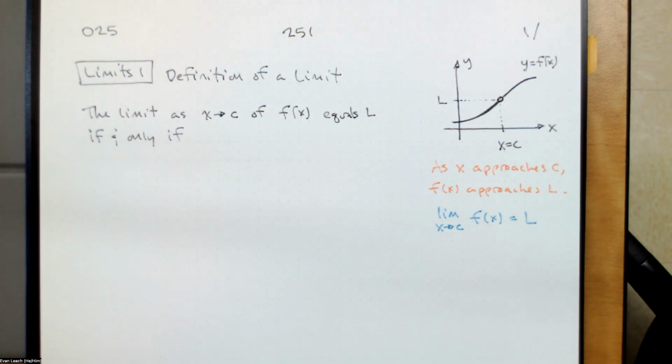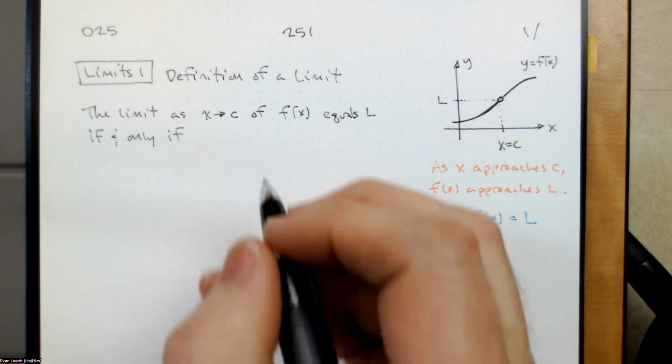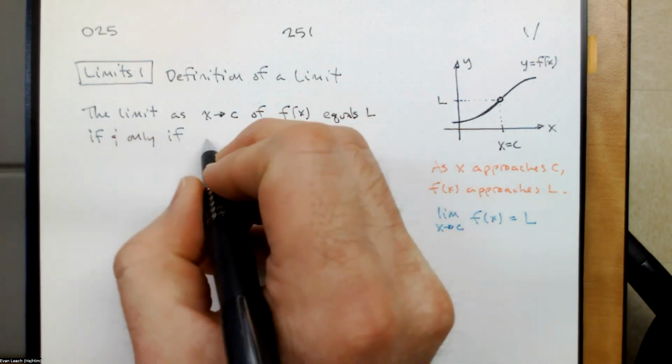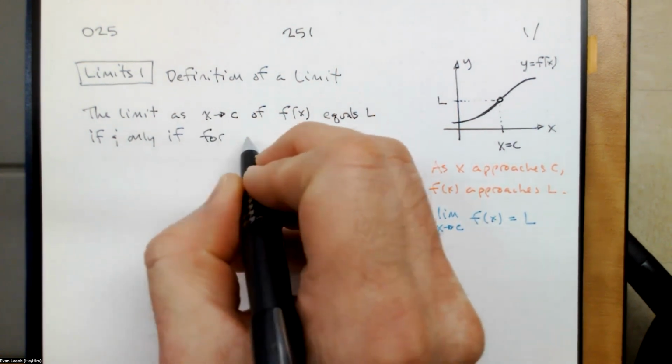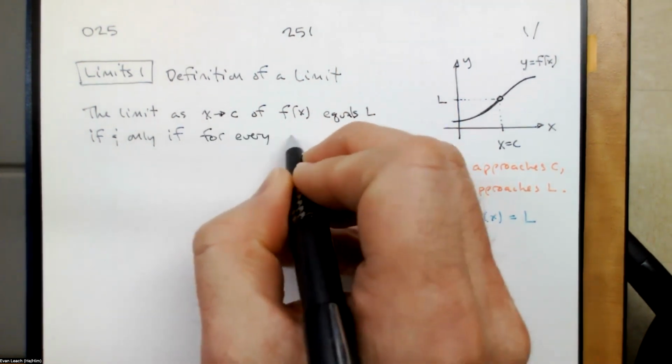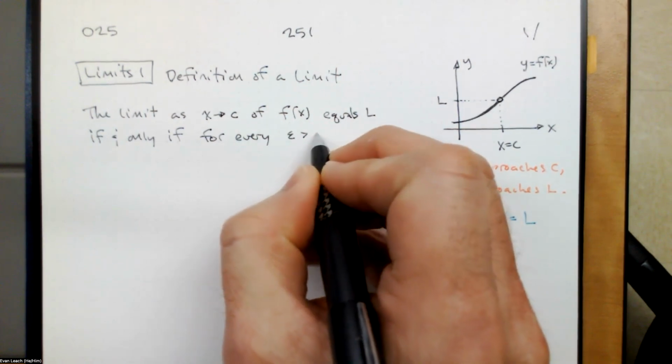And now we're going to write stuff down. The limit as x approaches c of f of x equals L if and only if for every epsilon greater than 0, for every positive epsilon.